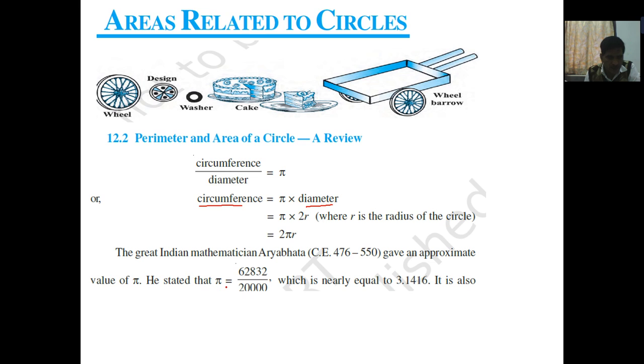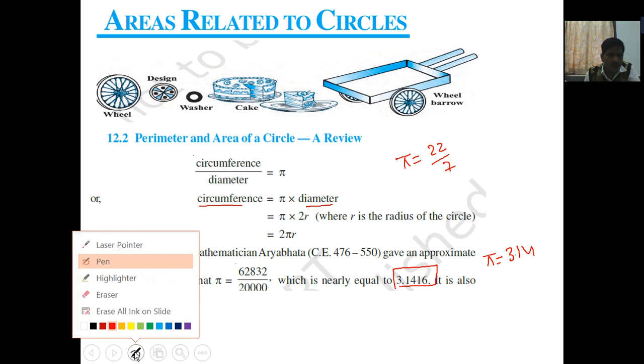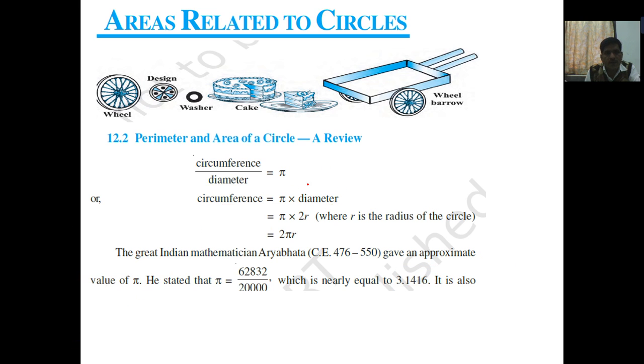He stated that pi is equal to 62832 divided by 20,000, which is nearly 3.1416. That is why the value of pi we take is 3.14. Mostly we have to use 22 by 7. If it is not given, then you have to take 22 by 7. So that is about the circumference.